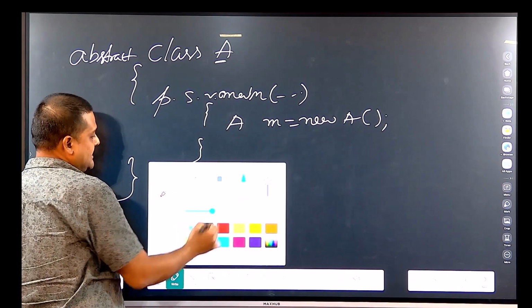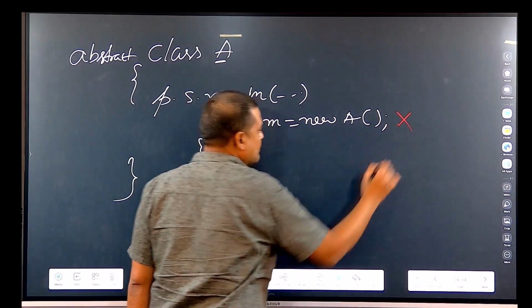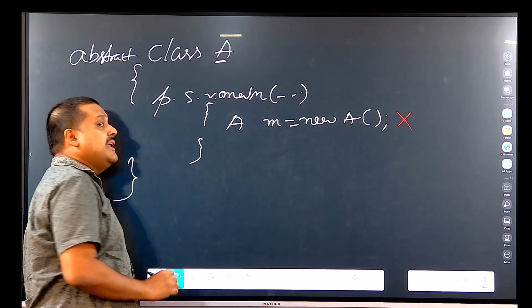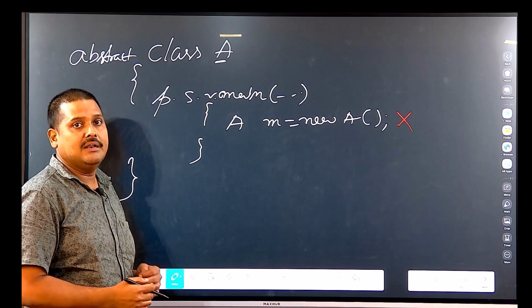This will raise a compilation error. That means if a class is declared as abstract, then we can't instantiate that class.